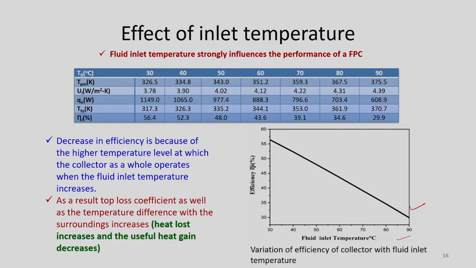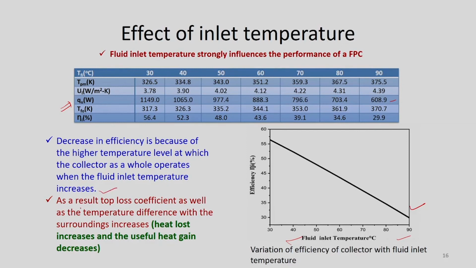And other values can also be seen. So, this QU, which is nothing but useful heat gain, decreases with increase in inlet fluid temperature. Okay. So, this decrease in efficiency with respect to rise in temperature is because of the higher temperature level at which the collector as a whole operates when the fluid inlet temperature increases.